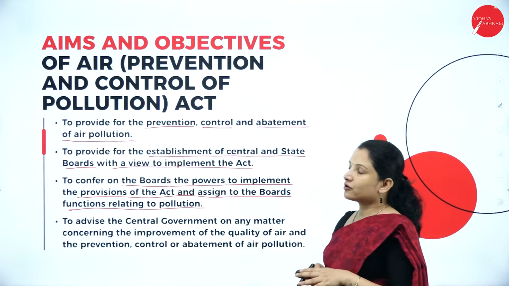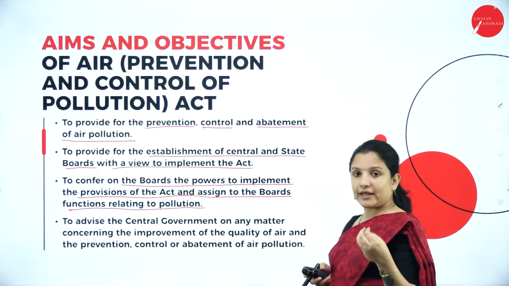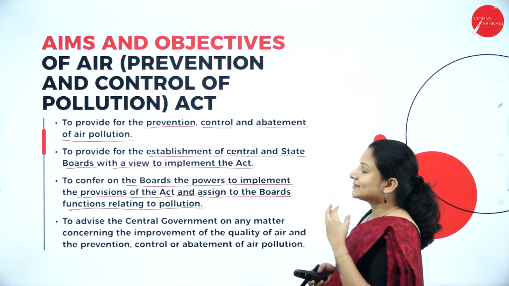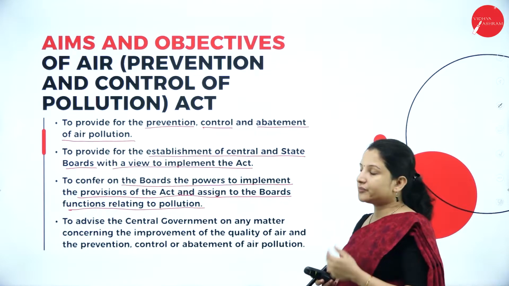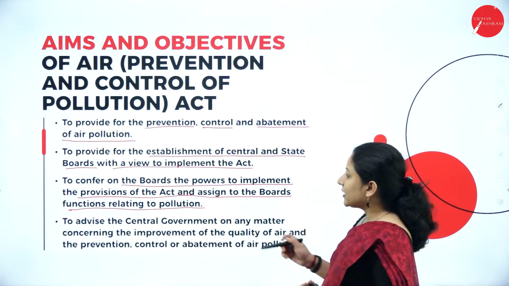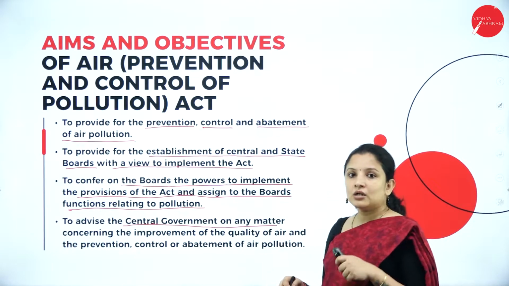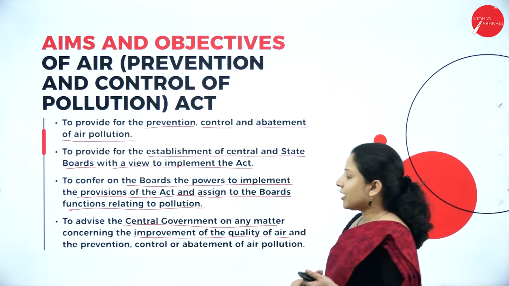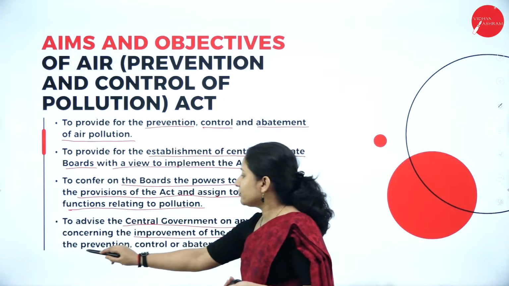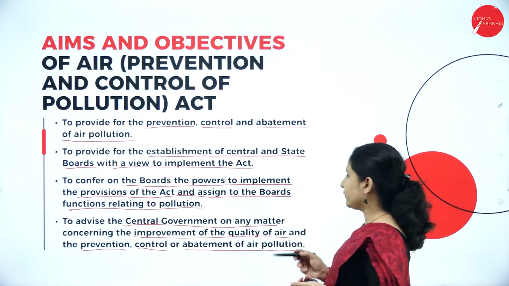So that is the function of the Air Act, which sets up committees both in the center and the state to curb air pollution, and it advises the central government on any matter related to the improvement of the quality of the air and related to preventing, controlling and abatement of air pollution.